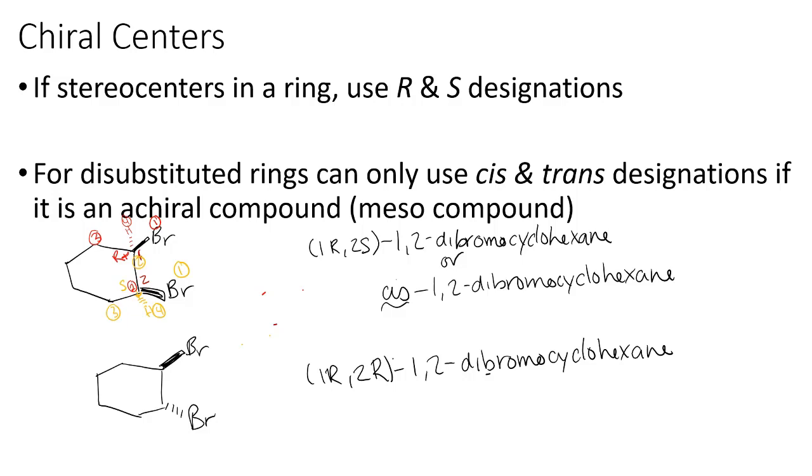And that is the only way we can name this structure. We have lost that plane of symmetry within our structure. It is no longer a meso compound. So we can only name this as 1R, 2R, 1,2-dibromocyclohexane.